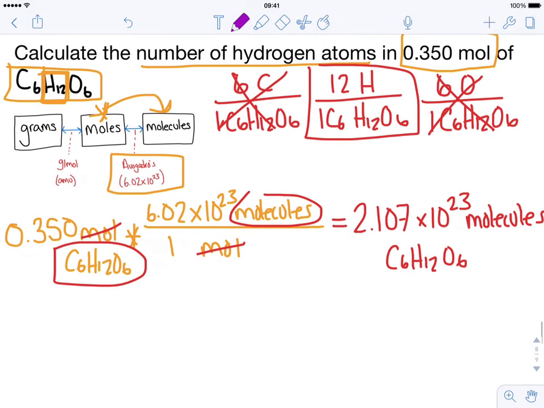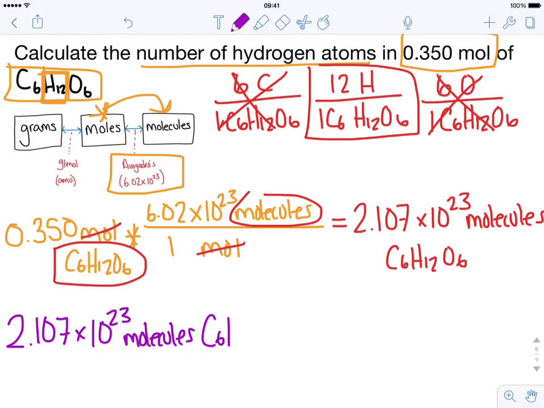So if I rewrite the number down here, 2.107 times 10 to the 23rd molecules. Molecules of what? Molecules of C6H12O6. And we're going to use this conversion factor up here, written how it is, because we want C6H12O6 to cancel out, so that we're left with just hydrogen.